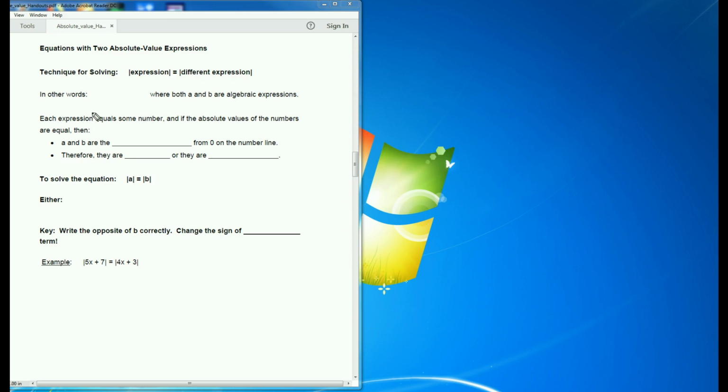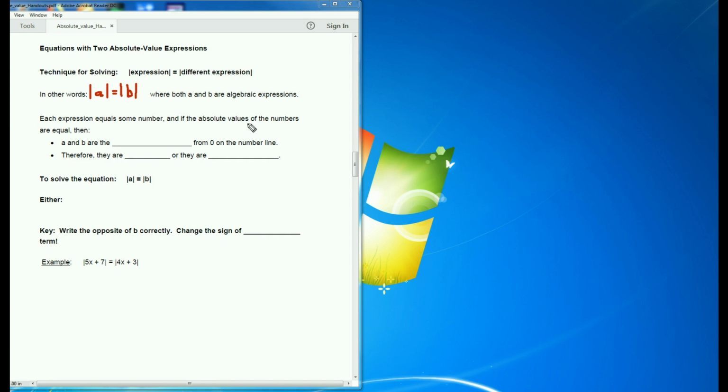Who knows, right? So we're talking about the technique to solve if you have the absolute value of one expression equals the absolute value of some other expression. Okay? So in other words, you have the absolute value of one expression equals the absolute value of another expression. Each expression essentially just equals some number.